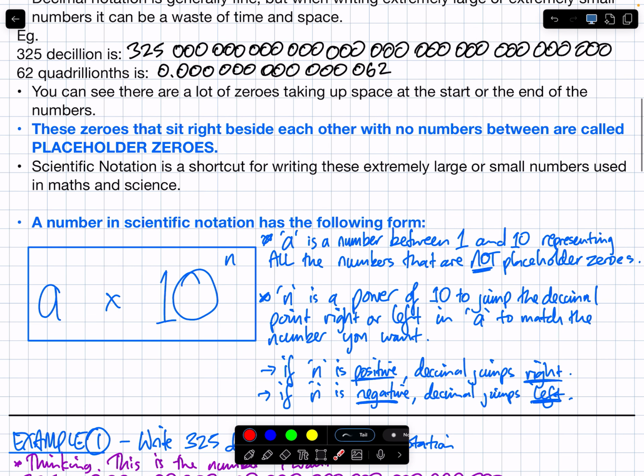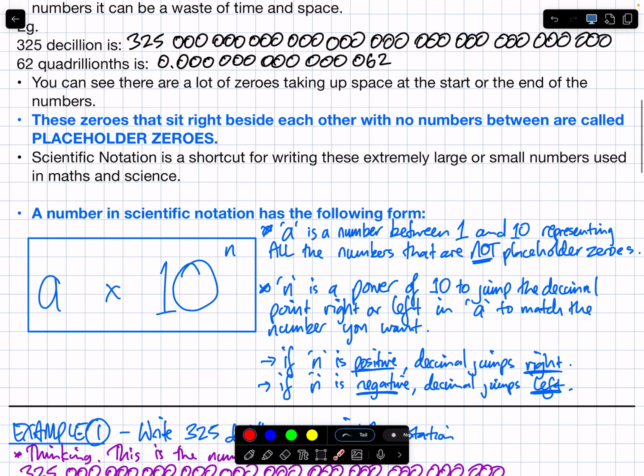So basically what we're working out today is, we don't want to write all this. We want to write a number, a times sign, a 10, and a power of some sort to represent that whole giant thing. Okay? So how do we understand this? A is a number that's between 1 and 10. And what does that A do?